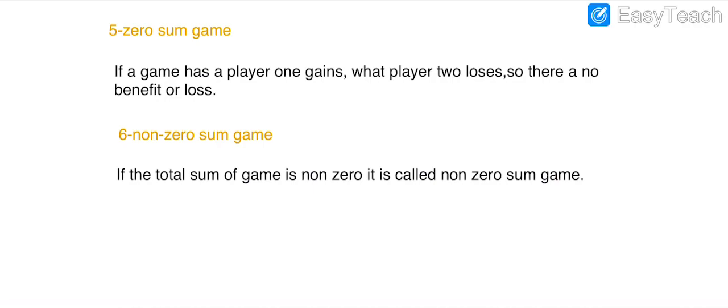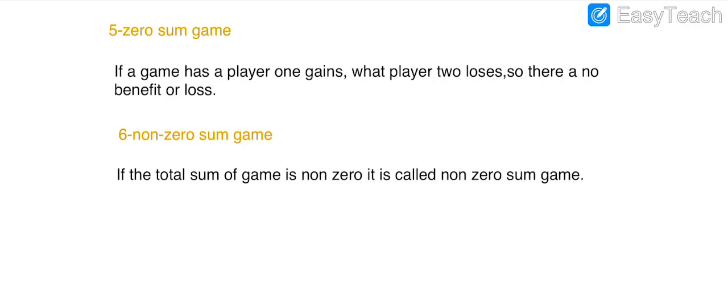This is the situation of a balance, meaning whatever is the profit of one person will be the loss of another person. So it's called a zero sum game. There will be nothing obtained in this game. And what is a non-zero sum game? A non-zero sum game is one where the total sum of the game is non-zero.